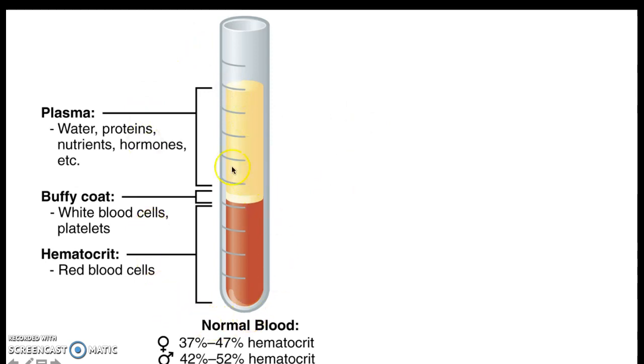Notice that the heaviest elements at the bottom are our red blood cells, and then something called the buffy coat. The buffy coat is composed of white blood cells and platelets. The lightest element is the plasma, the straw-colored fluid you see at the top of the tube.